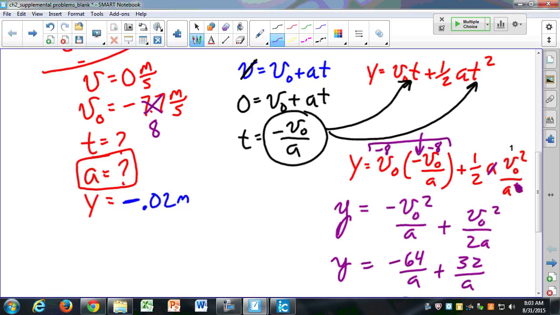So negative 8 times negative 8 is 64. But then I had another negative, this negative, which carries on into it. Does that answer your question? This variable represents a negative number. So I have negative, negative, and negative, and that comes out as a negative. That's a good question. Sorry, I was a little sloppy with that.